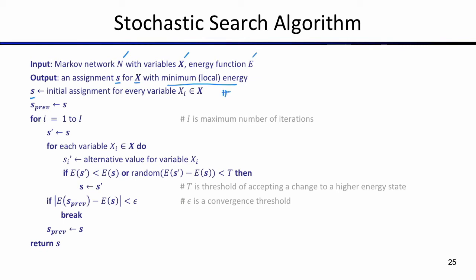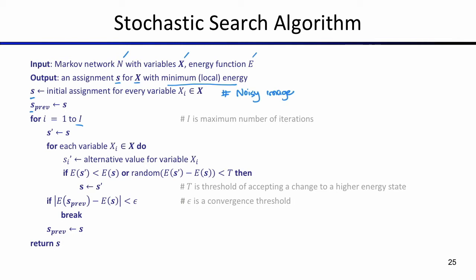So I'm going to put a comment here that it is common to use the noise image as a starting point for S. So we use an auxiliary variable here, xprev, to save the value for S. It's going to be useful later on when we compute our convergence criterion and decide if we're going to stop or not. So let's save S for now, and we're going to iterate over a maximum number of iterations that we are calling I here.